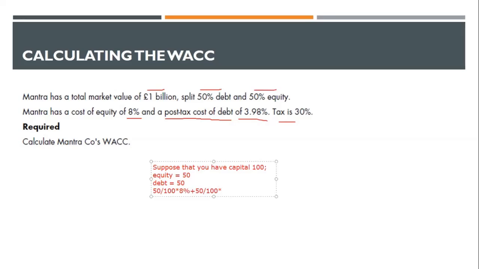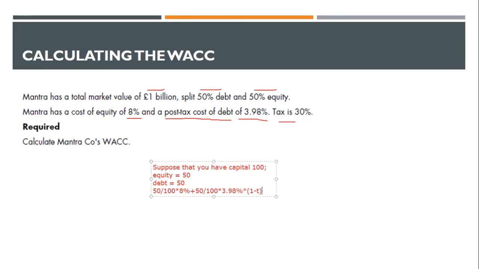And how much is the cost of debt? Cost of debt is 3.98%. Should I multiply it by 1 minus t? Remember that tax thing? This 3.98 is pre-tax or post-tax?